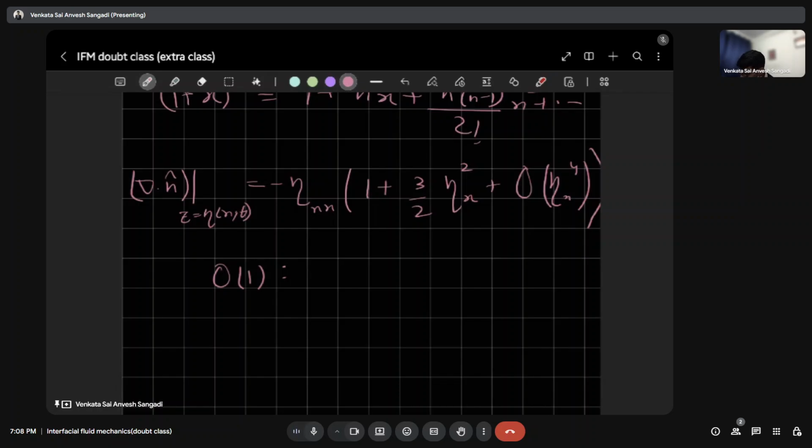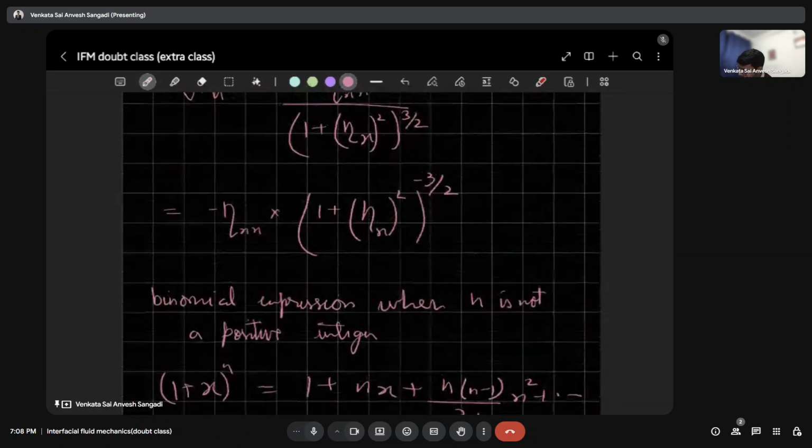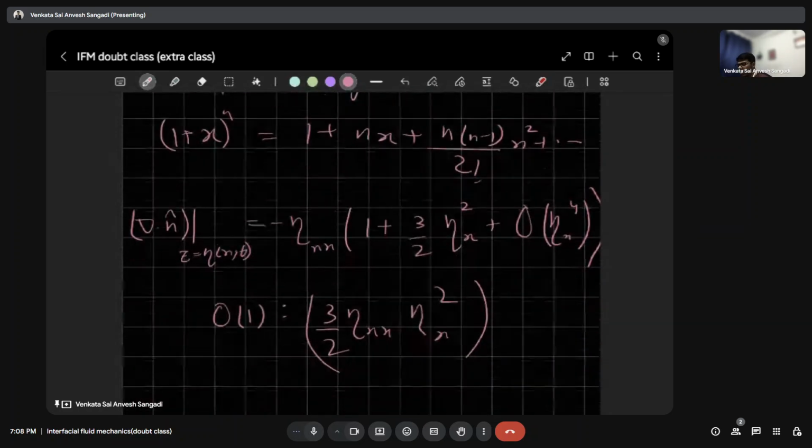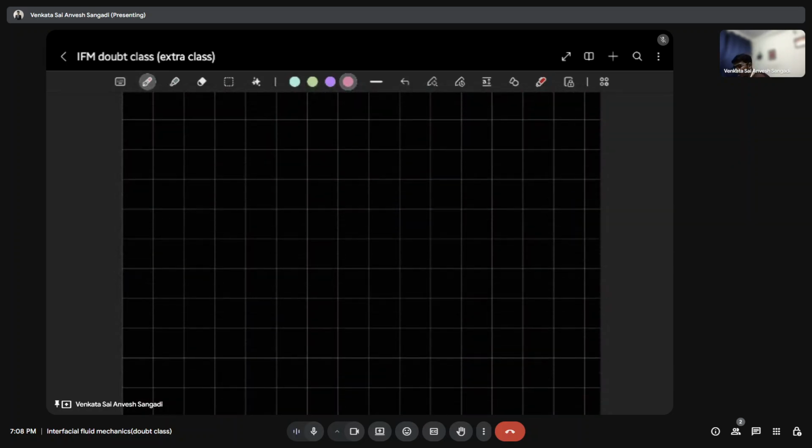So the first correction will be eta xx times 3 by 2 eta x whole square. Therefore the correct option is option C, which is 3 by 2 eta xx eta x whole square. So this is the correct option, and it comes simply from the binomial expansion.